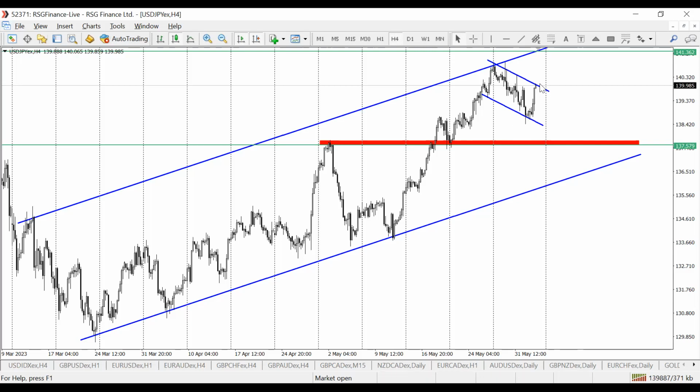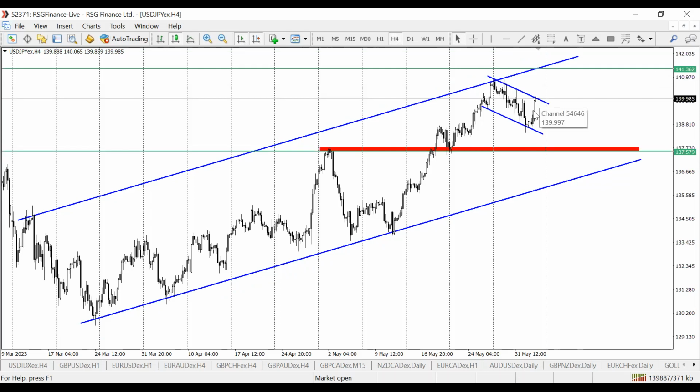The profit target for this flag pattern is exactly at 141.36. So let's look at that. USD strong, Japanese yen weak. So within the week, we should see a breakout, or maybe, just maybe, we could still see more consolidation before the final breakout towards the target we anticipate.